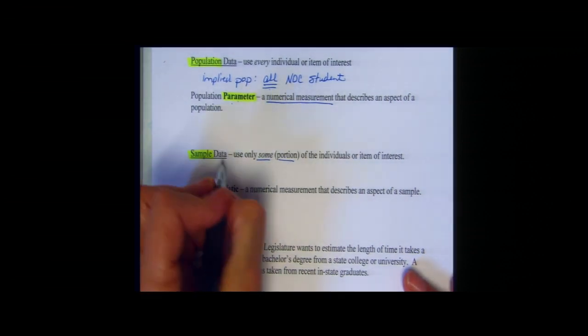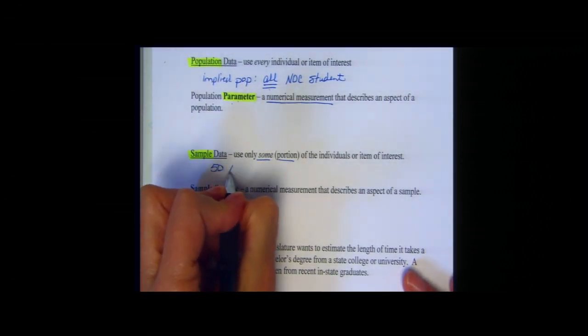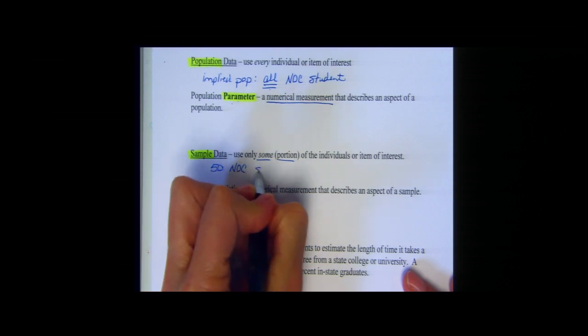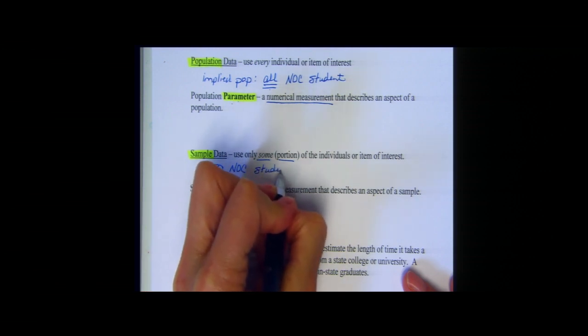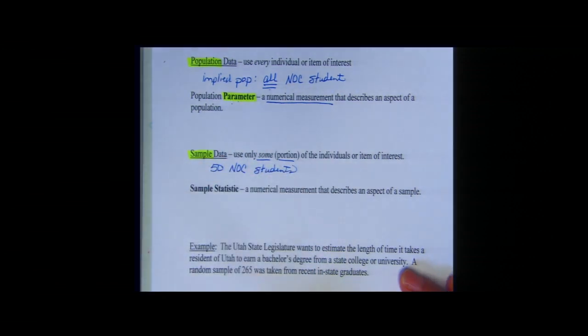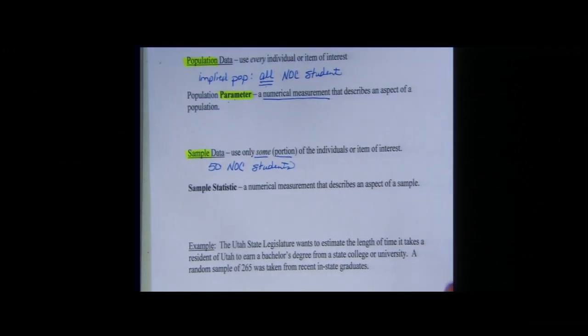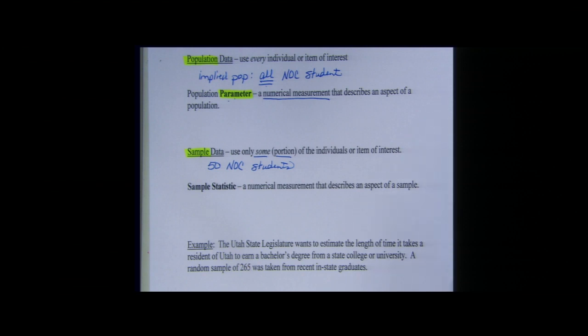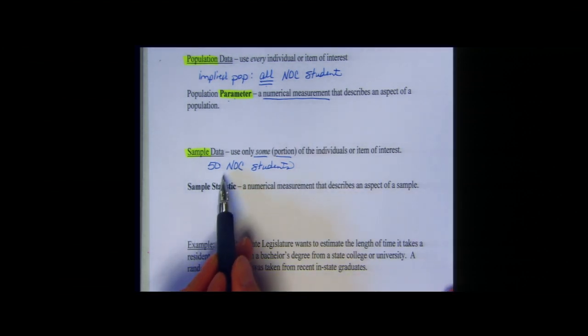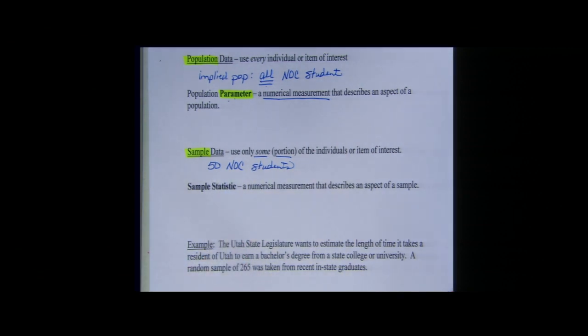So in our example, those 50 NOC students would be your sample. In this particular example, it would be too time-consuming to gather data from all NOC students, so we draw a sample of 50 and it makes it a more manageable number.